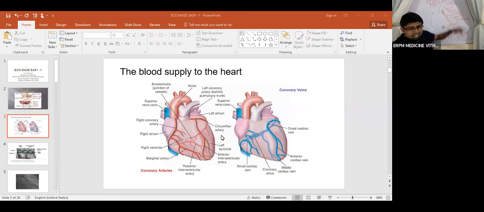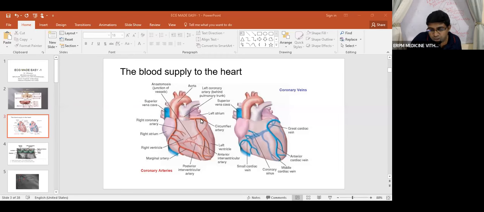So the left circumflex is mainly supplying the lateral surface of the heart. It also supplies this part of the left atrium, this part of the left ventricle, and this lateral surface of the heart. Yes or no? So why is this important?